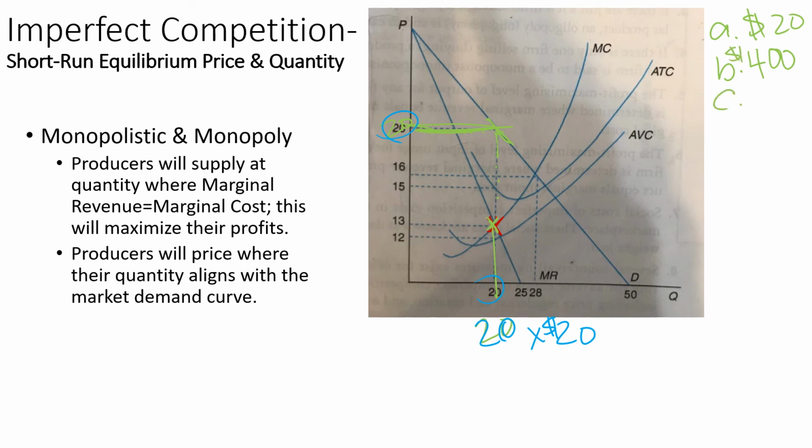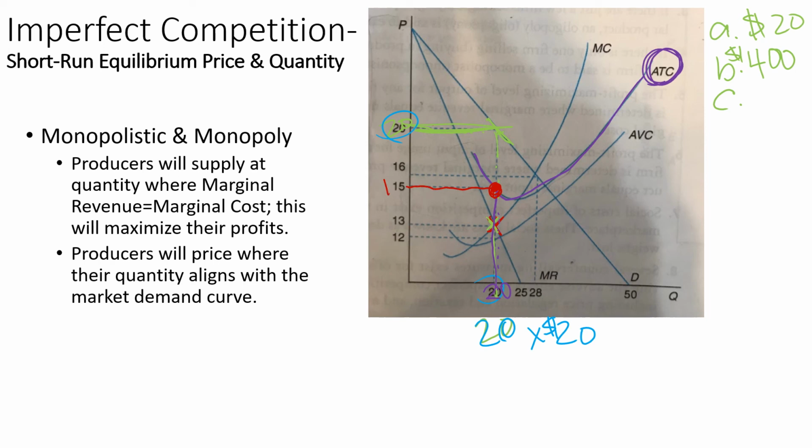C: calculate the total cost to the monopolist at the profit maximizing output. So cost at this output. Wherever this output intersects with the average total cost, so if we are producing 20 units, our average total cost is right there, because that's where 20 units intersects with the average total cost.